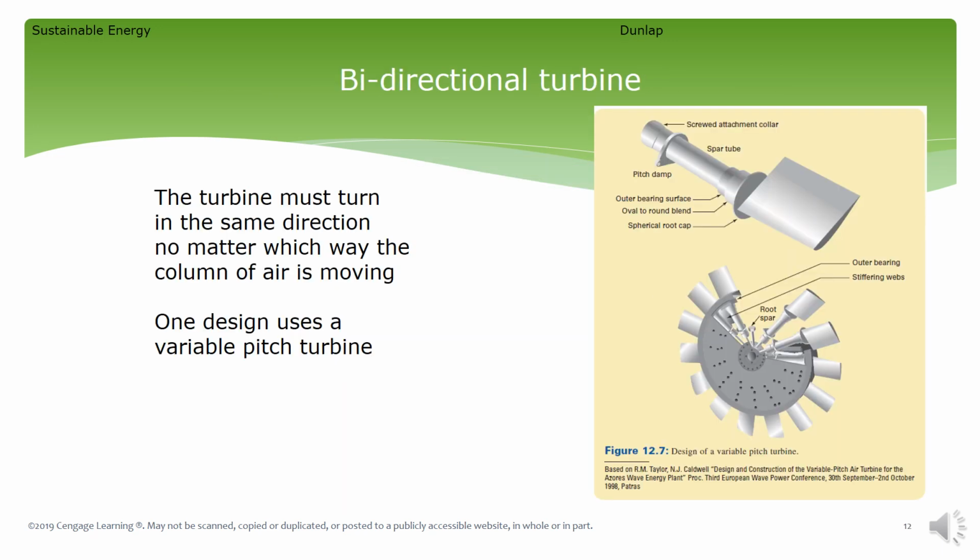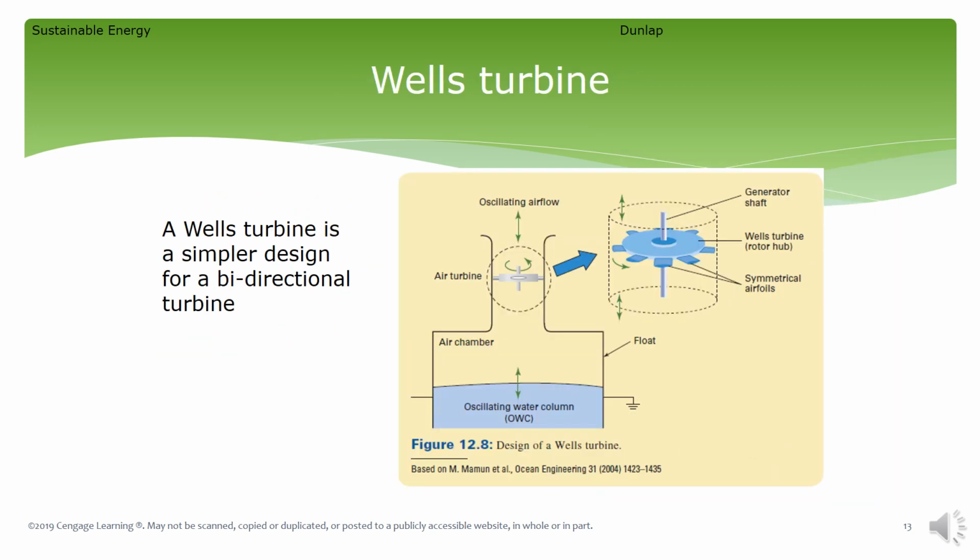So in this system, the turbine must turn in the same direction no matter which way the column of air is moving. For this purpose, we can use a variable pitch turbine. So it is one type of bidirectional turbine, and the other one is the Wells turbine.